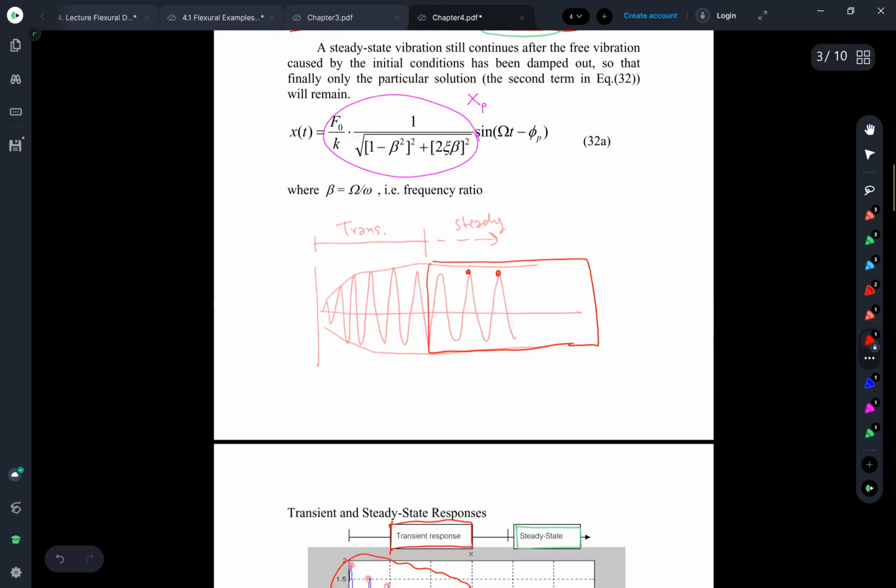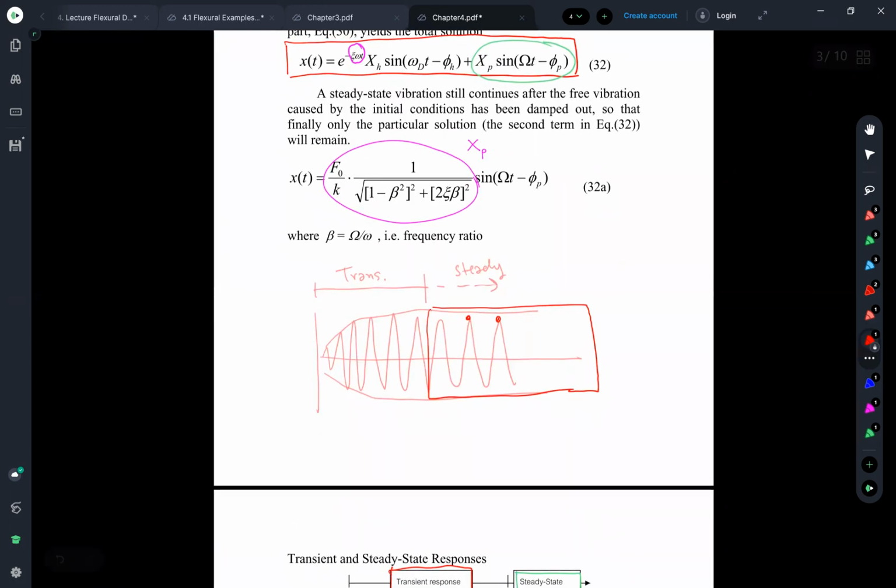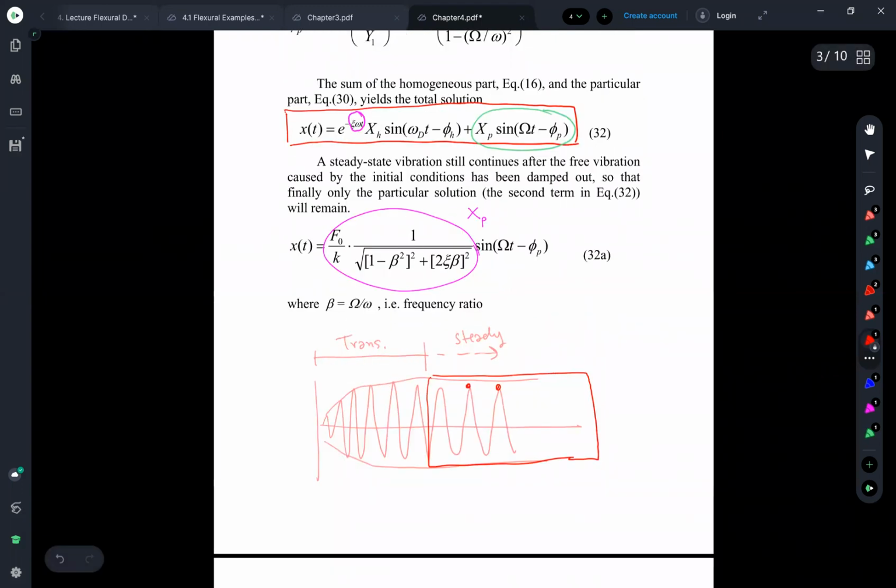That's why many engineers concern a lot about 32A, not 32. This is because the effect of the first term, the homogeneous term, will be quite small compared with the particular term.